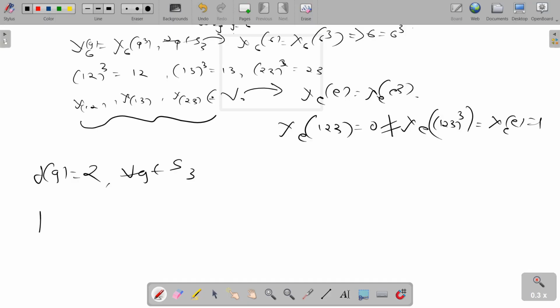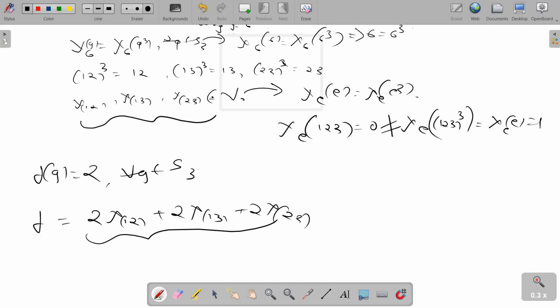Let's say we write chi 1 2 plus chi 1 3 plus chi 2 3. If we put f of 1 2, this will be 1 and the rest will be 0. For a transposition it is fine. Now if it is the identity, f of e, then everything will be 0. But we don't want that, we want it to be 2, because it's true that f of g is 2 for all g belonging to S3. So we can't write it like this.